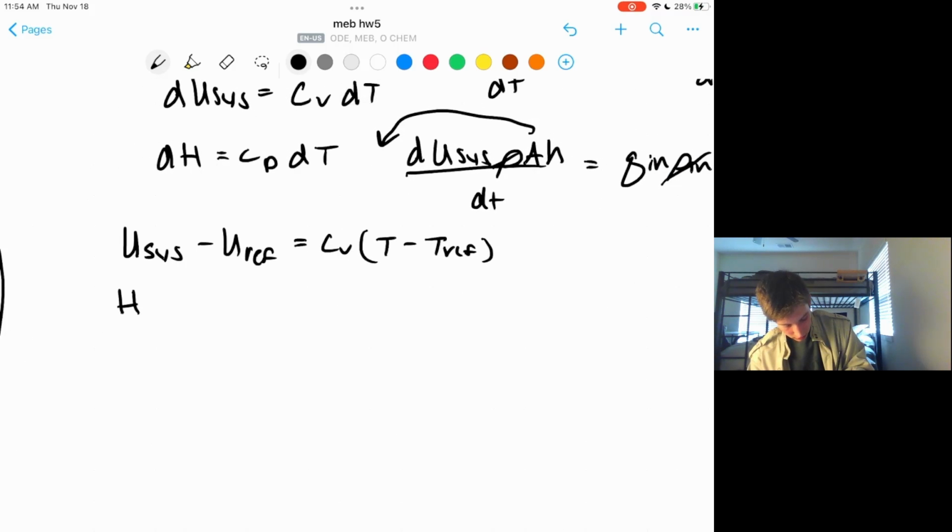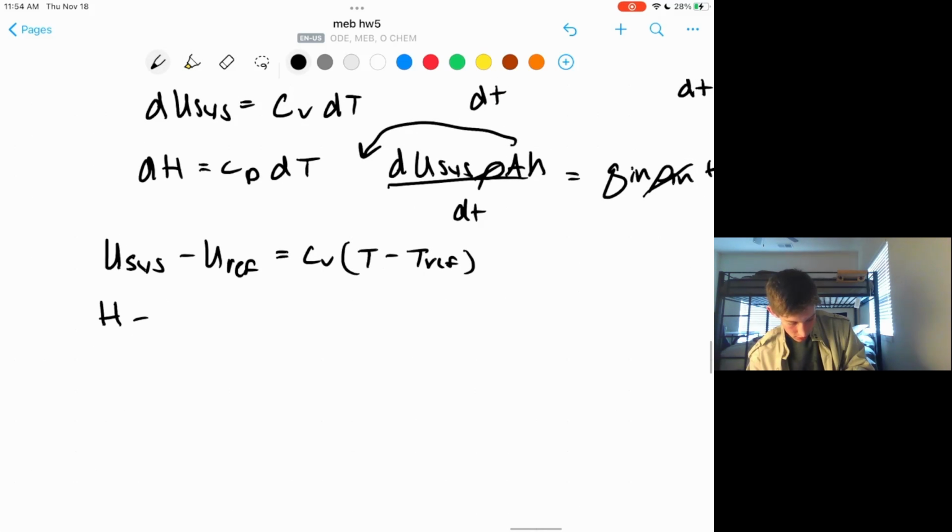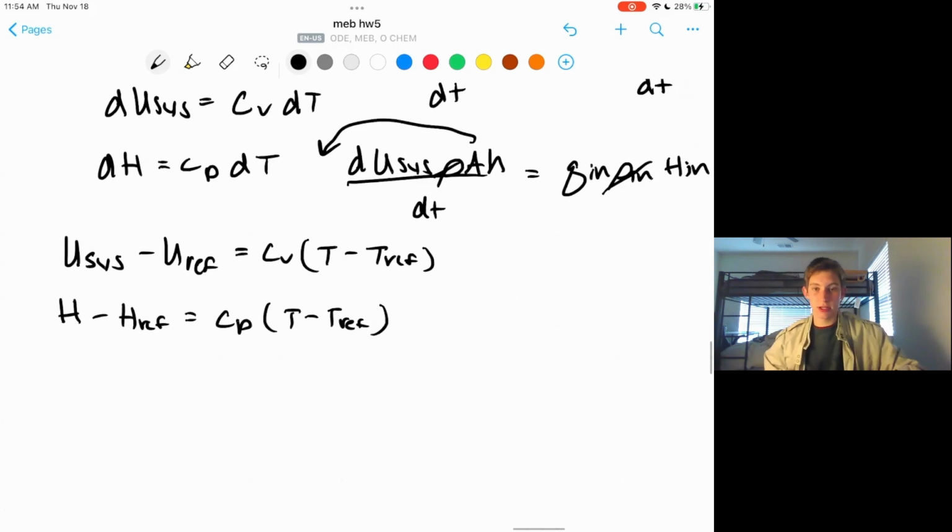I'll just say enthalpy minus a reference. However, for these references, we can set them to whatever we'd like. They'll ultimately cancel, so we can set them to 0.